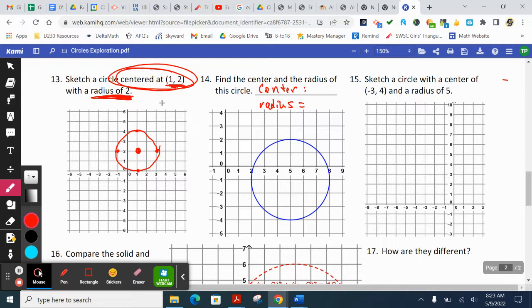All right, Sarah, what did you find to be the center of that circle? The center would be 5. No, no, no. Would it be that? It would be that. Yeah, -1. Good. Yeah, 5, -1.